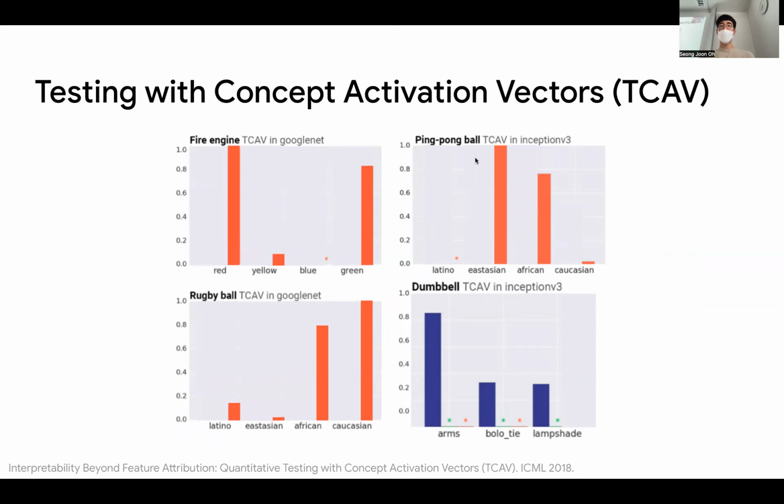Ping pong ball also has a strong bias towards East Asian, African ethnicity for the players. Rugby ball, African, Caucasian, right? So from this kind of analysis, we can more easily see what kind of features the model is looking at for making predictions, right?